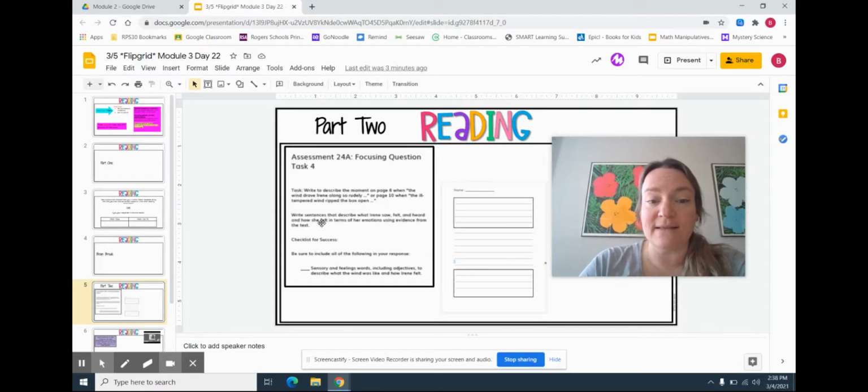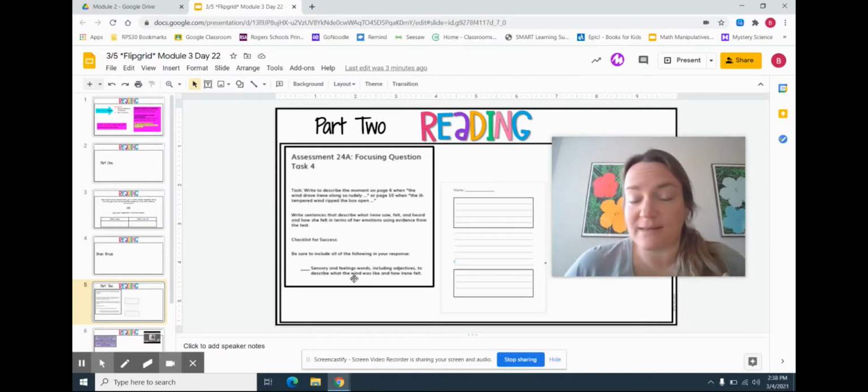So write sentences that describe what Irene saw, felt, and heard, and how she felt in terms of her emotions. How was she feeling when this was happening? By using evidence from the text. So we can't just guess how she was feeling.